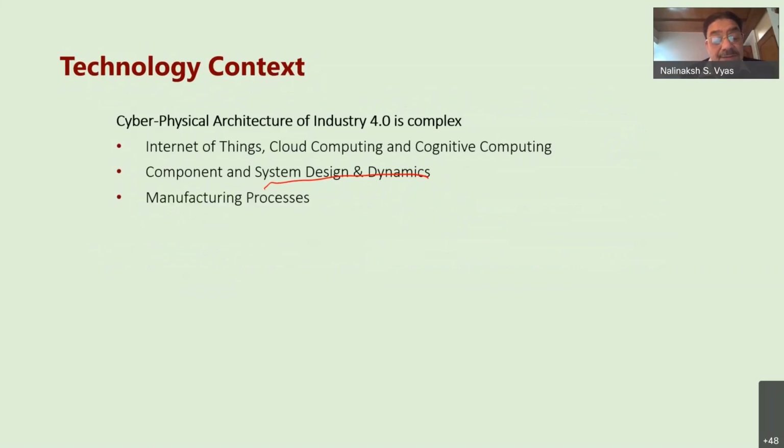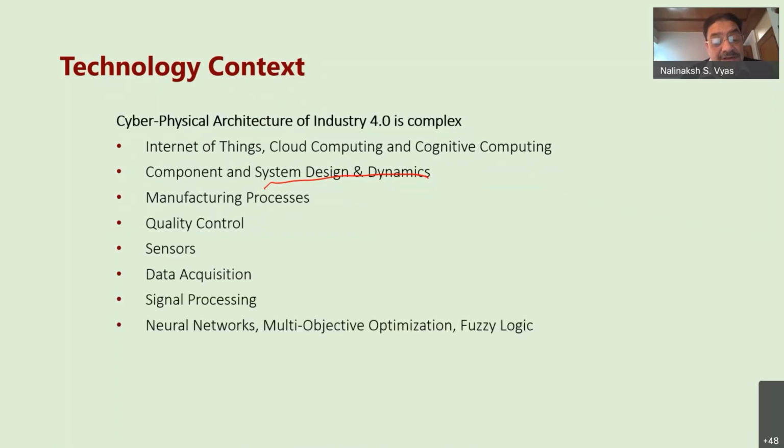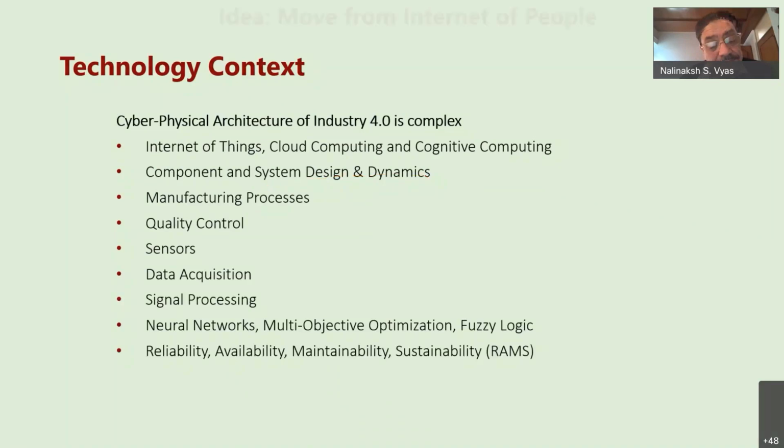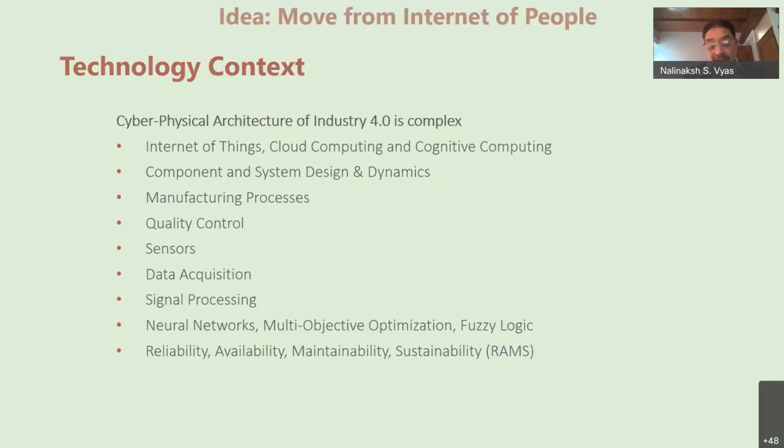It involves manufacturing processes, quality control, sensors, data acquisition, signal processing, neural networks, optimization for reliability, availability, maintainability, and sustainability, RAMS. All these domains of technology in 4.0.